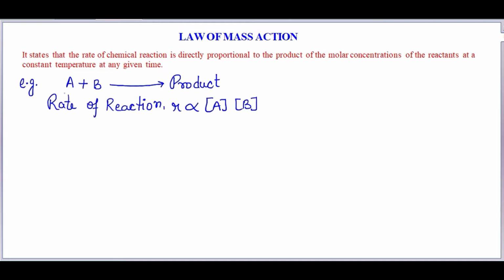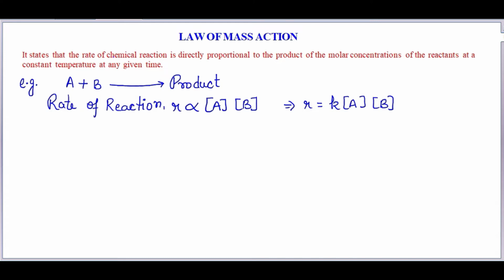Molar concentration means I am taking the concentration of A and B. The product of these two molar concentrations is directly proportional to the rate of reaction. Now I'll cancel this proportionality sign and assign an equal sign with the help of the rate constant. So rate of reaction equals K into the molar concentration of A and B.